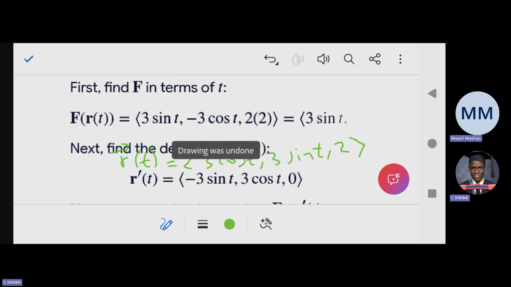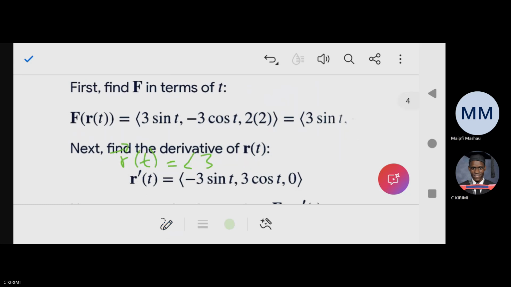It is a vector. So if I say differentiate 3 cos t, what do you get? Differentiate cos, it's a minus sign, which is minus 3 sin t. And if you differentiate sine, it's 3 cos t; for sine, you just get a positive. If you differentiate 2, you get 0, isn't it?